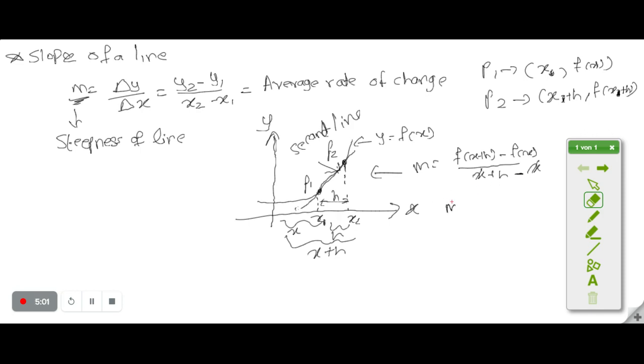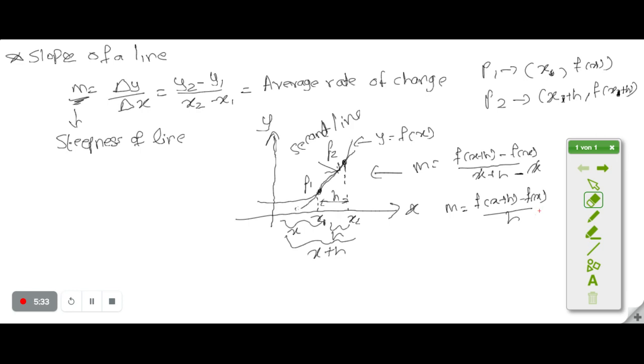So the slope here is f of x plus h minus f of x upon h. What we did is take the 2 points and calculate the slope from the basic slope formula. So this is your formula.